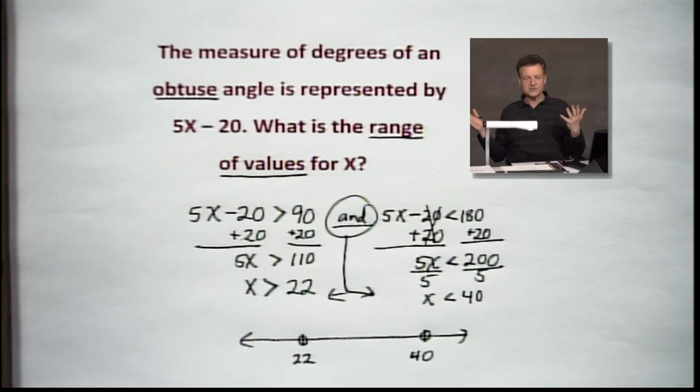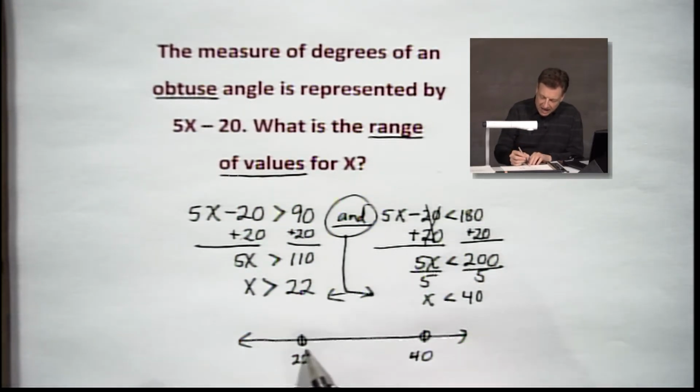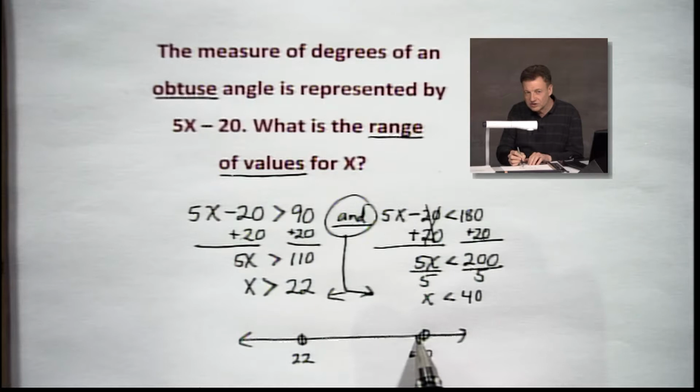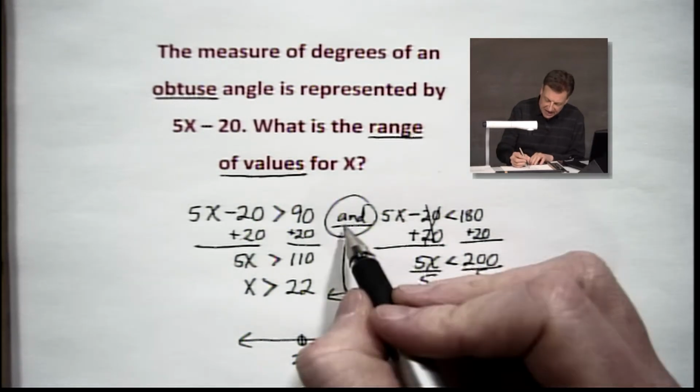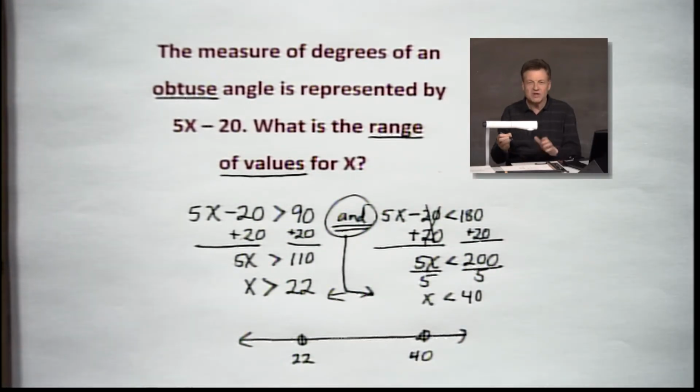Now the question is, what about all those other values I talked about? There's going to be a lot of decimals, fractions, mixed numbers, depending on how you write your final answer. Is it between 22 and 40, or is it on the other sides of 22 and 40? That's the big question mark. Since it's an "and," usually we're thinking of where they overlap.